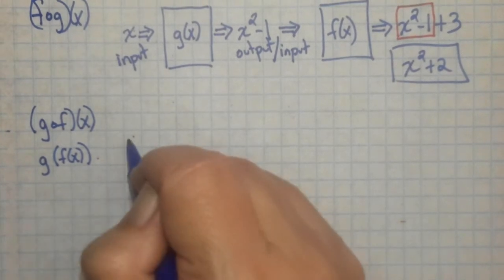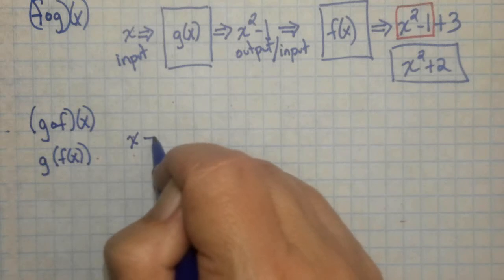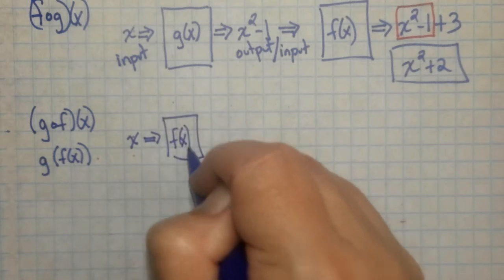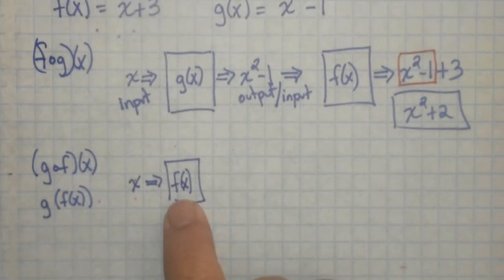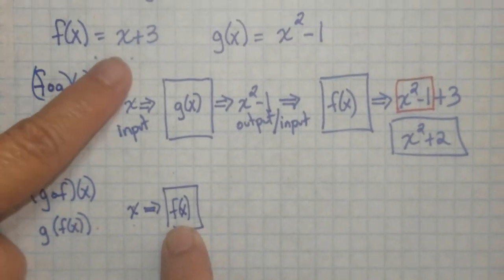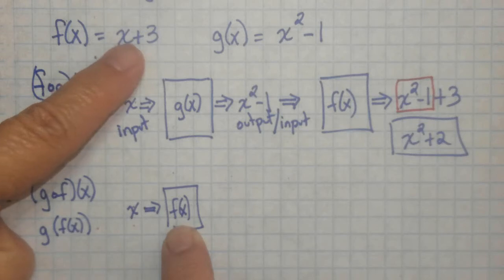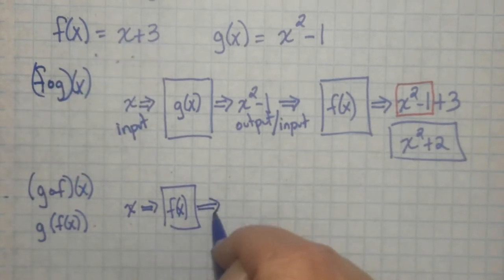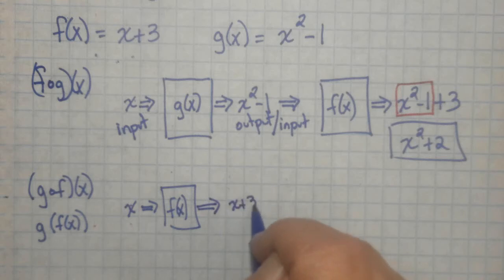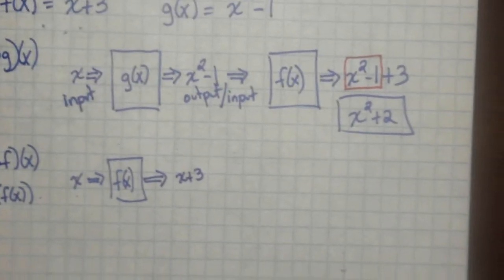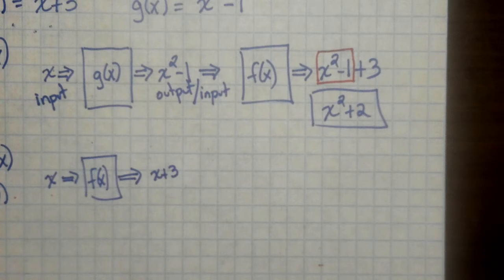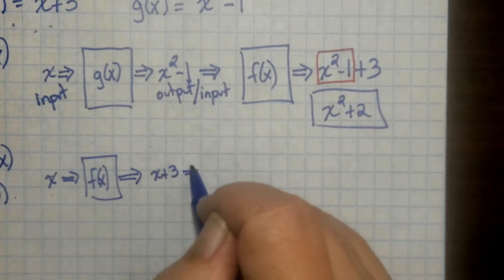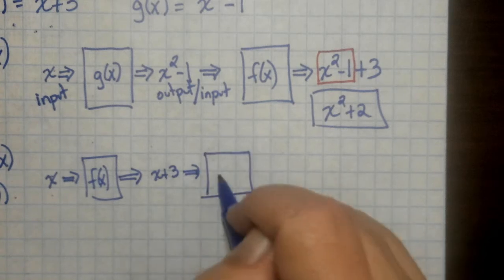So if that notation helps you better. So this time I'm going to start with an input of x, and I'm going to input that into the function f of x. Well, f of x says when you put something in, you take the input and you get 3 more. So out comes x plus 3. So this output now becomes the input for g of x.